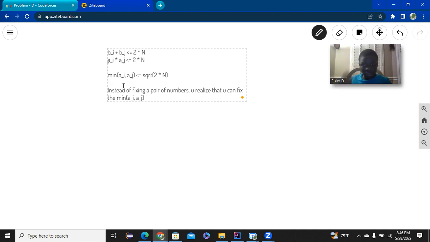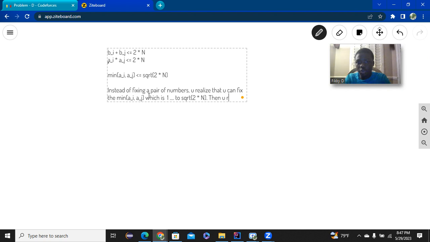Instead of fixing a pair of numbers, you realize that you can fix the min of these numbers, right? Which is 1 to the square root of 2n. Just fix the min of them. We don't care if it's a sub i or a sub j. That doesn't matter. We're fixing the minimum of them.